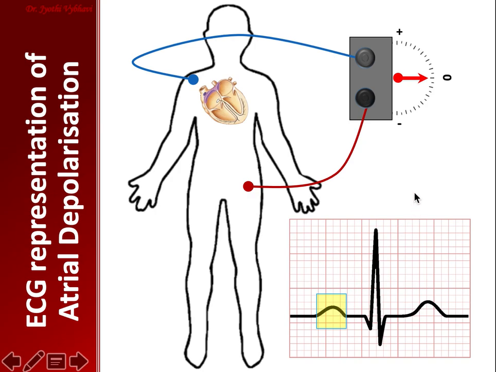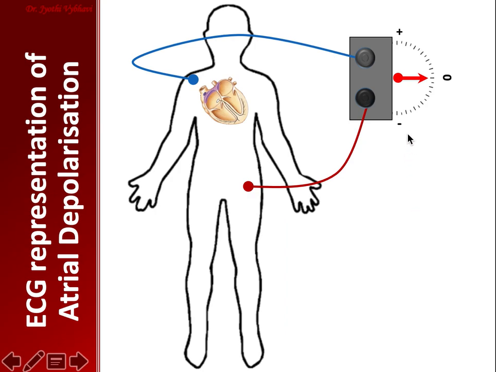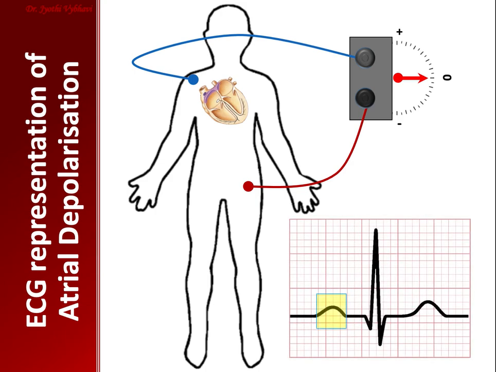See again how the needle moves with moderate velocity towards the positive deflection. If there is an ECG paper here, it records this as the P wave. This is the P wave, the first electrical event, where atrial depolarization is happening.